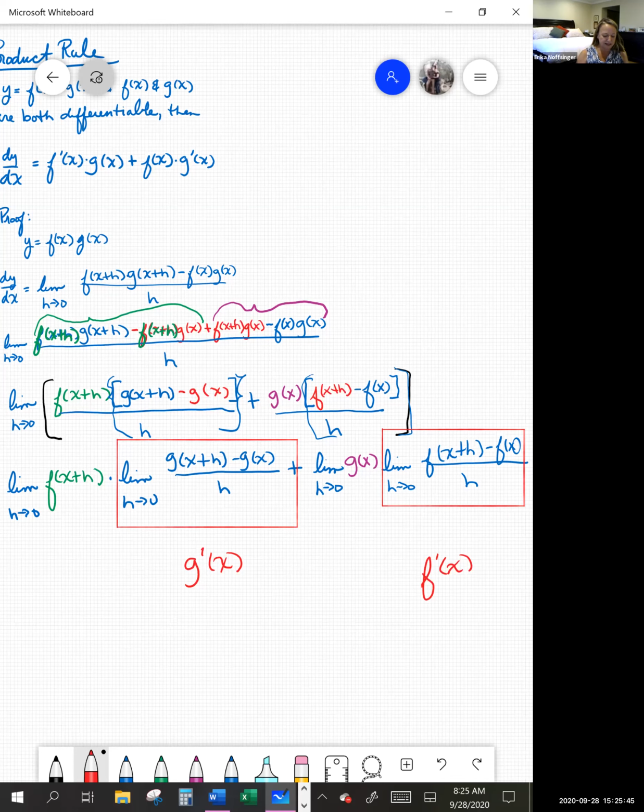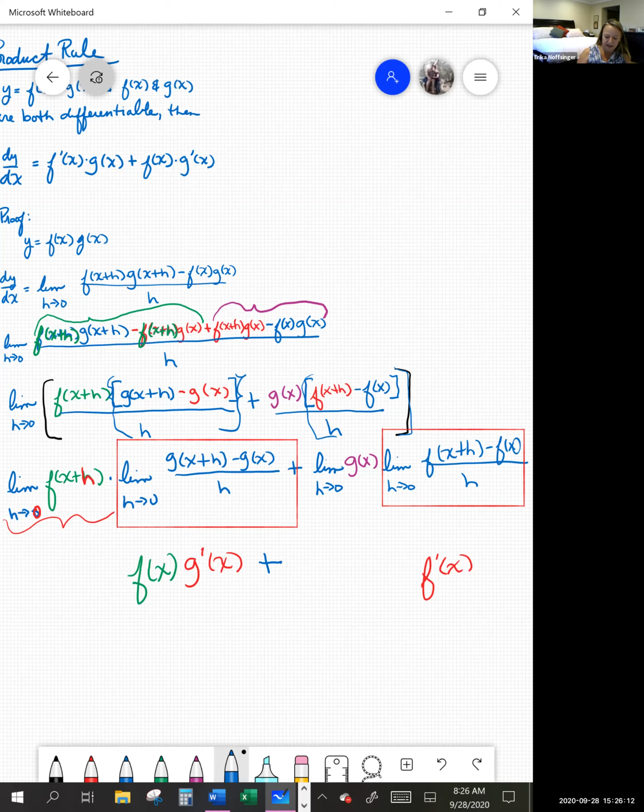Okay, so if we look at the limit as h goes to 0 of this f of x plus h, that's saying plug in 0 wherever you see an h in here. So if we plug in a 0 wherever we see an h, we're just left with the f of x out front. And then we have this plus.